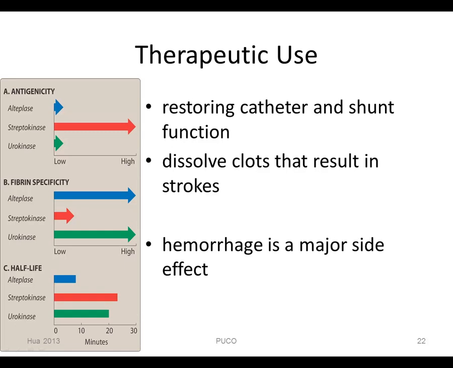Their tendency to cause bleeding has also blunted their use in treating acute myocardial infarction or peripheral arterial thrombosis. However, thrombolytic agents are helpful in restoring catheter and shunt function by lysing clots causing occlusions. Thrombolytic agents are also used to dissolve clots that result in strokes.